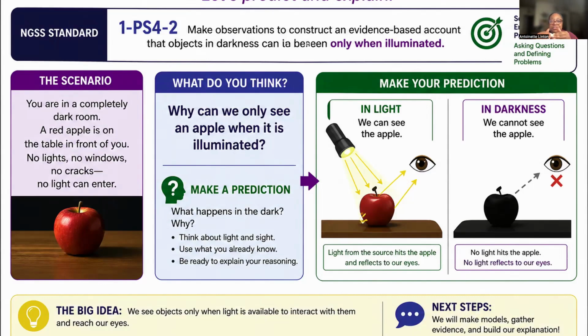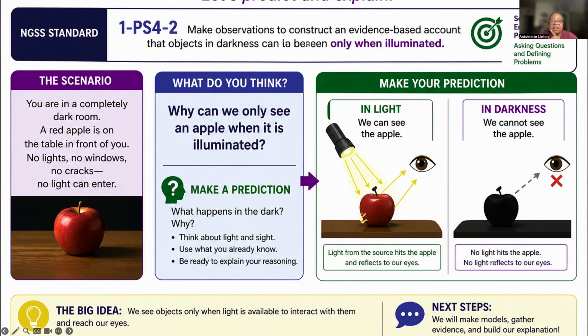We got to get kids from recall and remember up to explaining and justifying. Objects in darkness can only be seen when illuminated. That's the science idea. So this standard is not asking students to define light. It's asking them to explain a phenomenon using evidence.